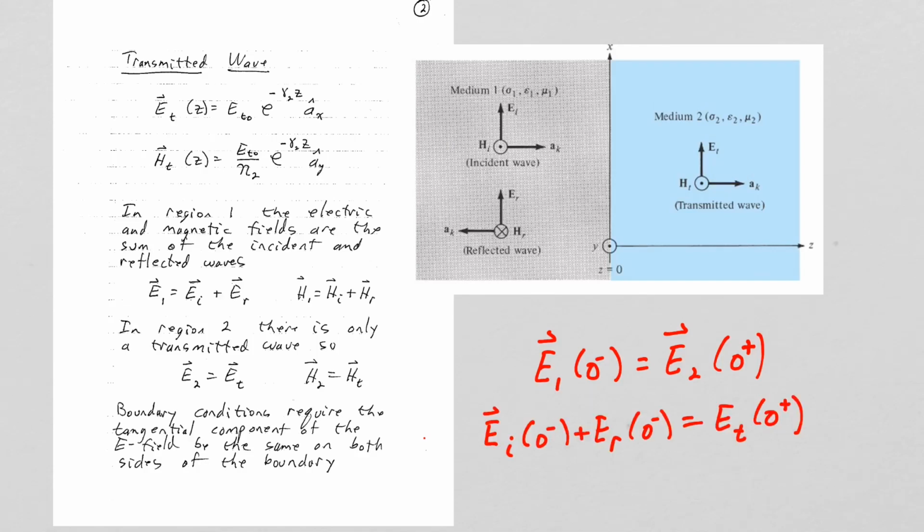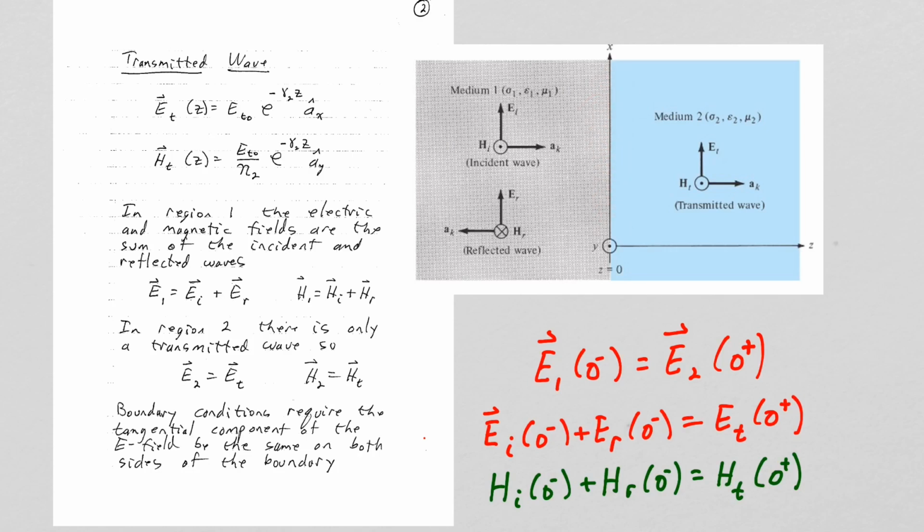So here's the relationship between the incident, reflected, and transmitted electric field intensities at the boundary between the two materials. Similarly, here is the expression for the relationship between the incident, reflected, and transmitted magnetic field intensities at the boundary between the two materials.